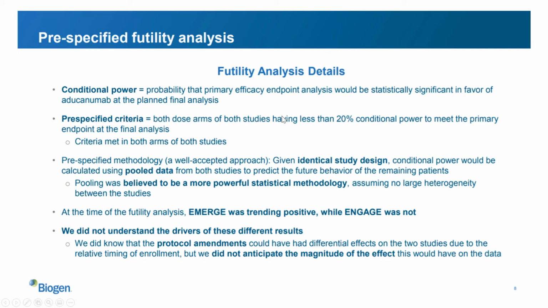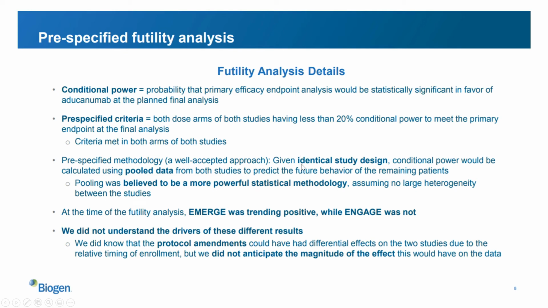Okay, so now we understand the terms here, the protocol amendments, and how the protocol amendment could have changed the dose level that patients received and the potential clinical impact. So why does this matter? This slide describes why these changes could have made the futility analysis wrong.